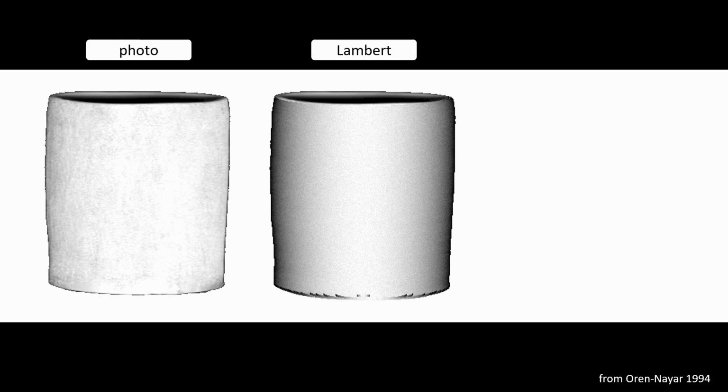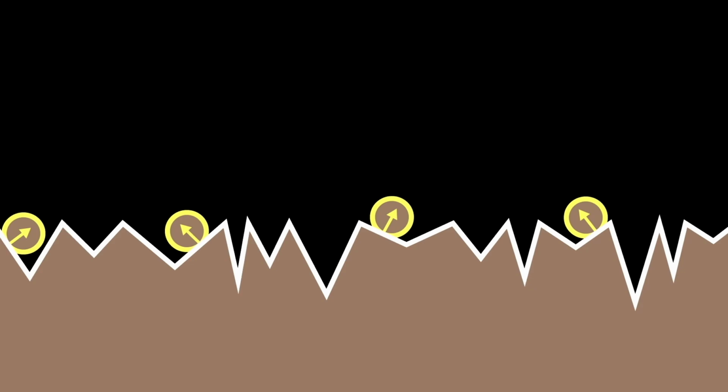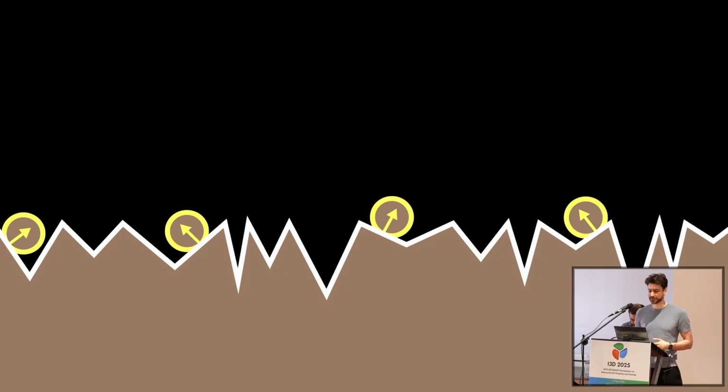Surfaces like concrete are actually very rough, and that affects the appearance a lot, even for diffuse reflection. So instead of using a smooth surface like this, they used a rough surface like this. And each microfacet, or each V cavity, of this rough surface uses that same Lambert BRDF that we saw before.